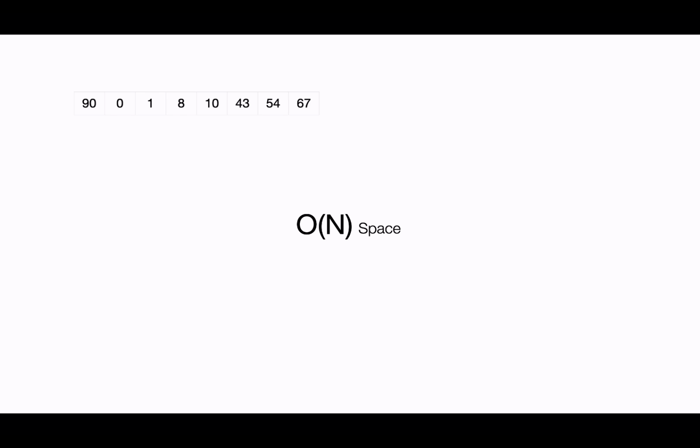Therefore, we will have a call stack entry for every function call. This means that at worst there will be n stack entries created at a particular instant, and that's why it will have order of n complexity, linear space complexity.